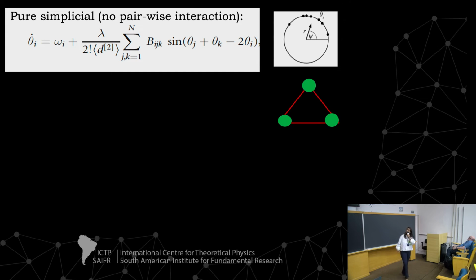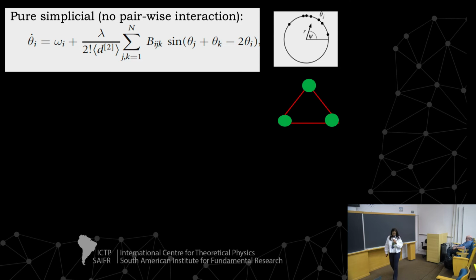Right now, this is nothing but the average degree of simplicial 2. But this is a normalization constant. So when you have all-to-all coupled network, this is nothing but N into N minus 1, the number of triangles in the network. So this normalization constant is nothing but the average number of triangles in the network. So for pairwise, it was N, but when you have globally coupled network, it would be N into N minus 1.